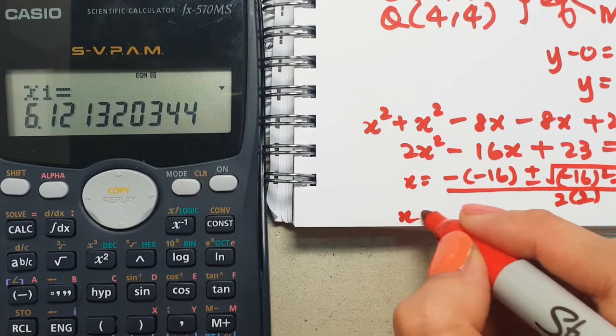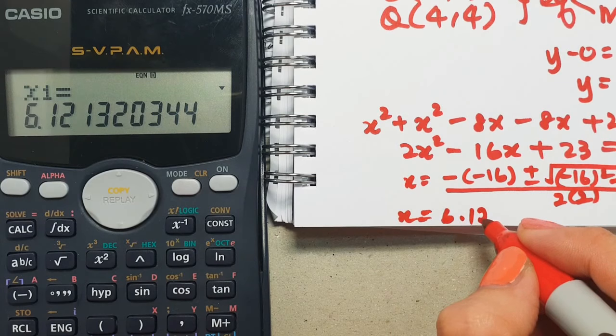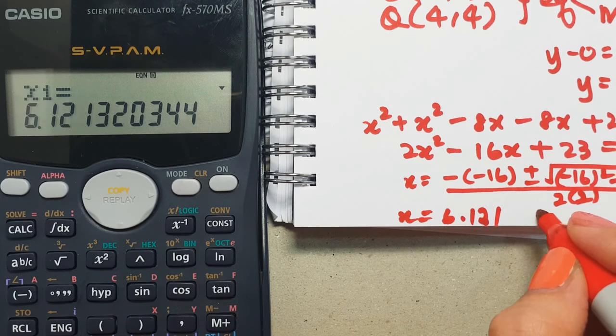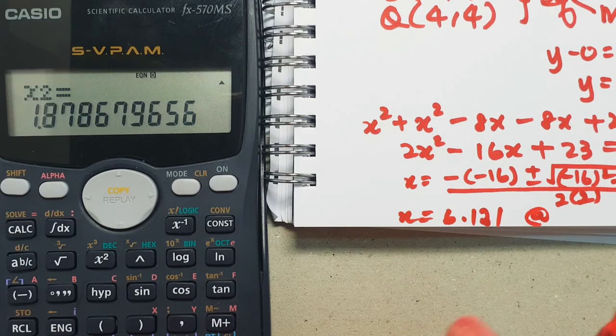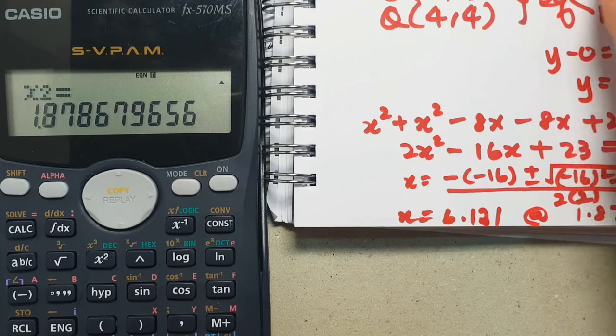And then we write the answer: 6.121, or the other one, 1.879, rounded up, which makes sense.